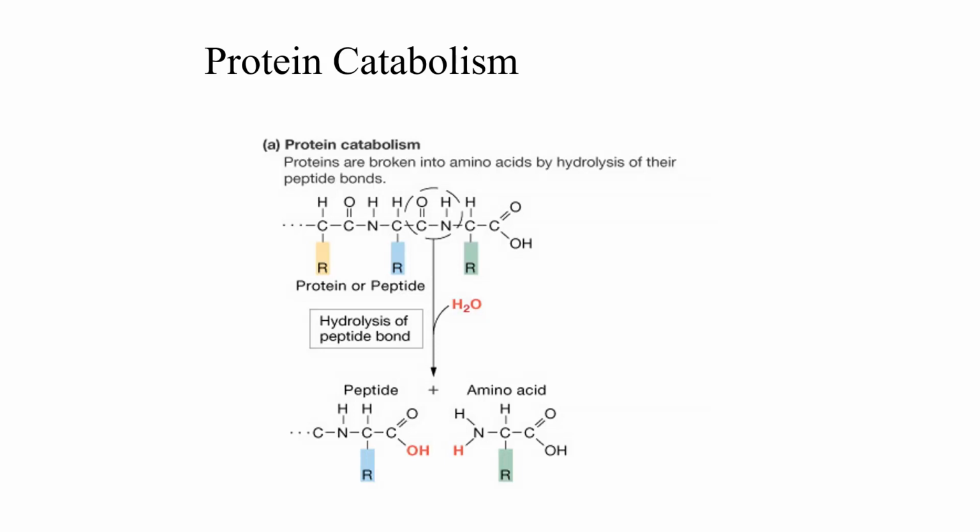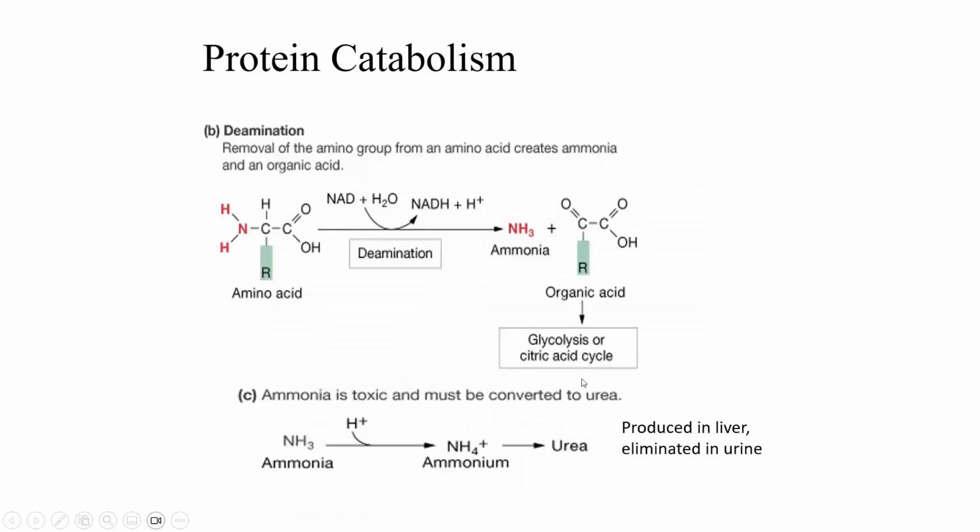Protein catabolism. When we consume protein in the diet, our digestive tract is going to secrete digestive enzymes, which are going to cleave the peptide bonds of adjacent amino acids. Once those are cleaved, we have the peptide, and then we have a free amino acid.